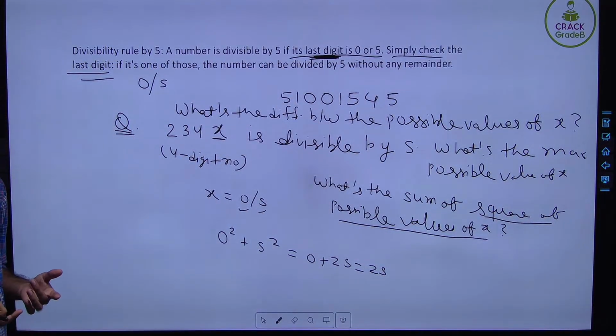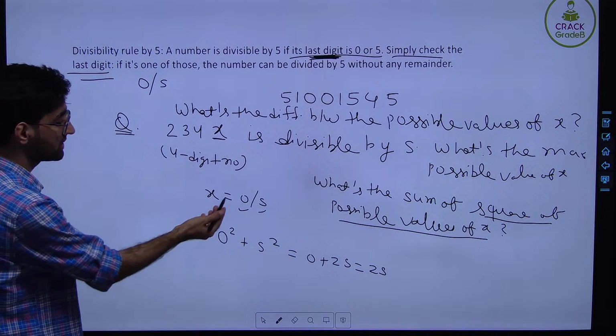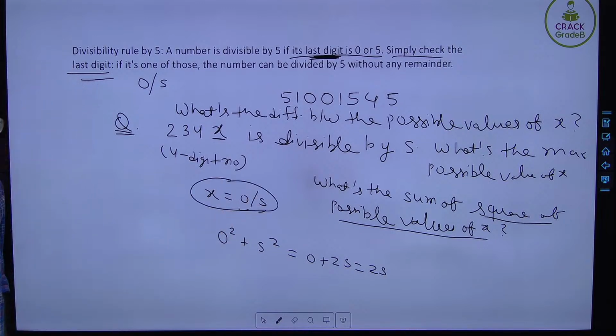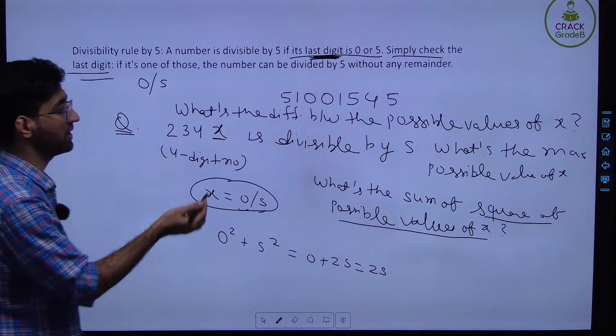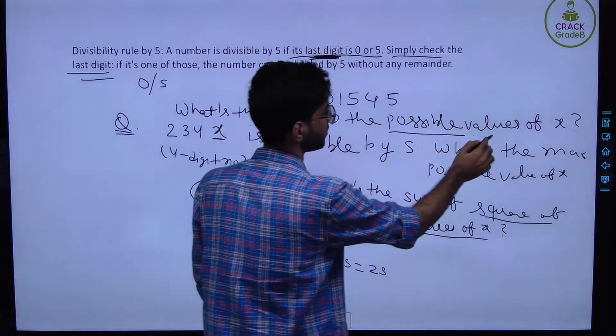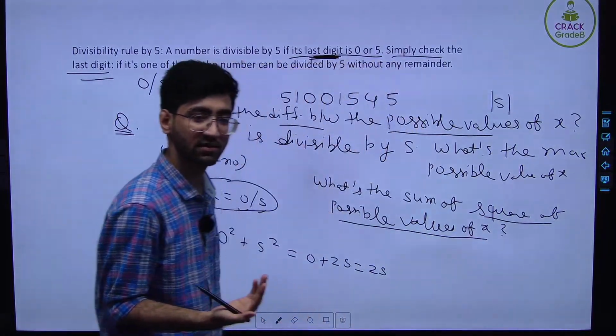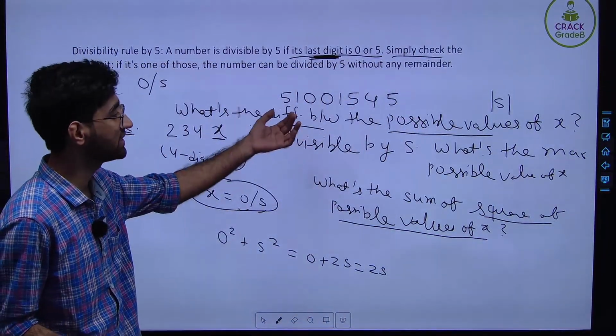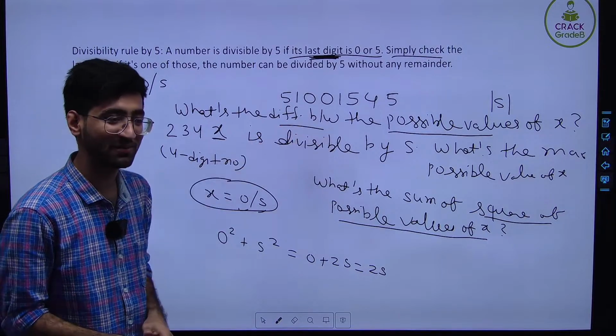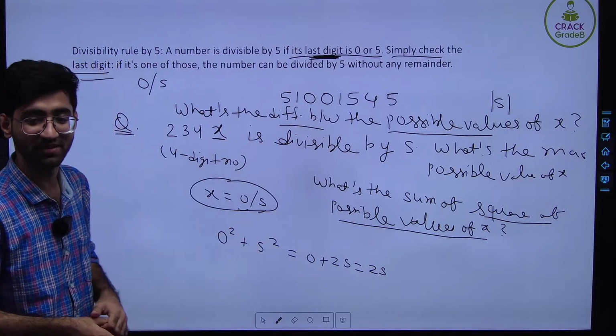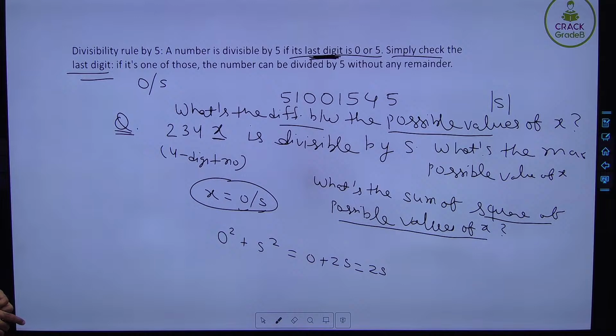Obviously 5 will be the correct answer. Don't worry, in examination you are not going to get -5 in options. So 5 will be the correct answer.